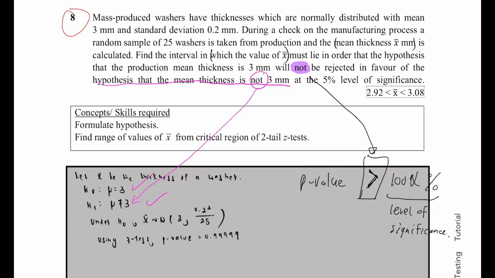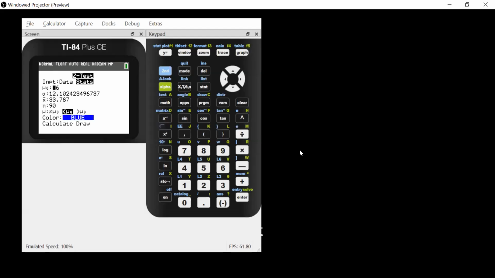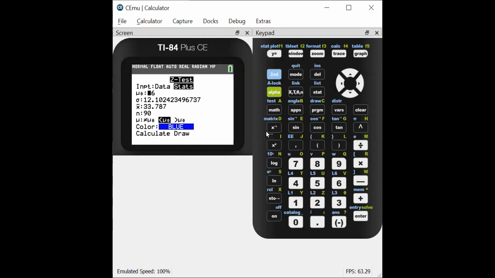What do you key in for your mu naught? Let me try again. Can key in? The mu naught is 3. Okay. Oh, right. Mu naught.